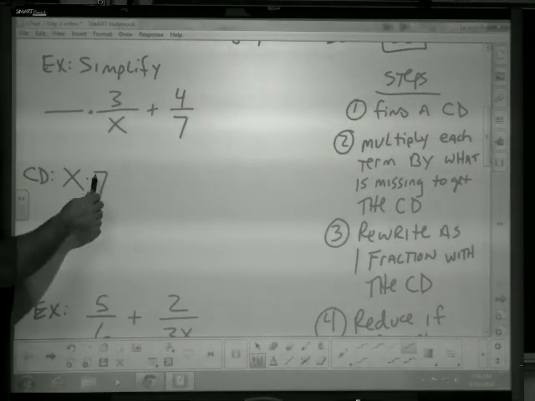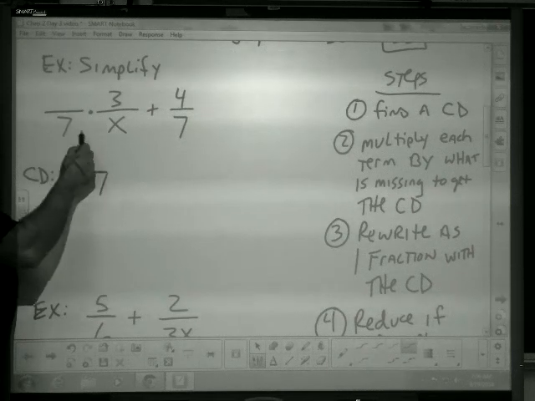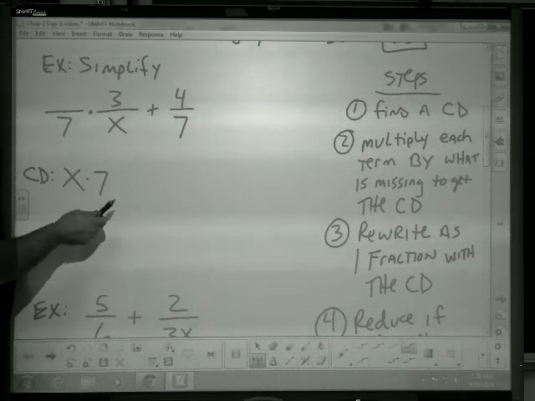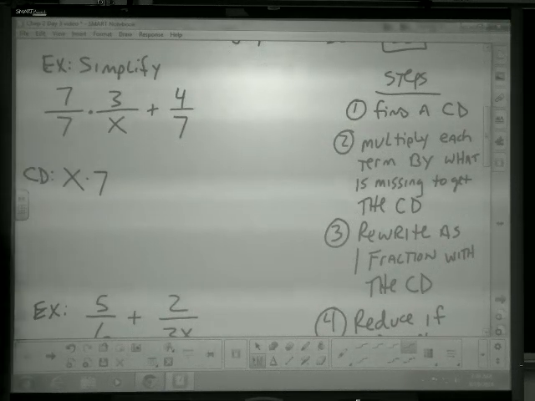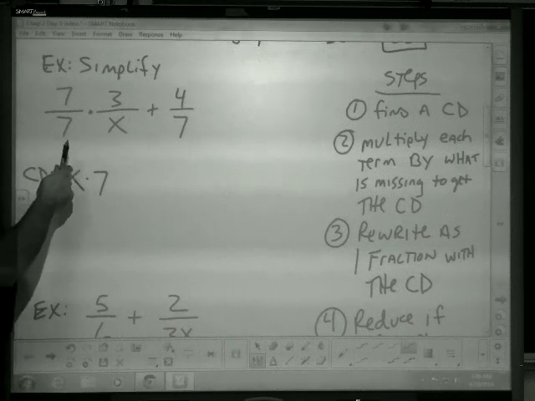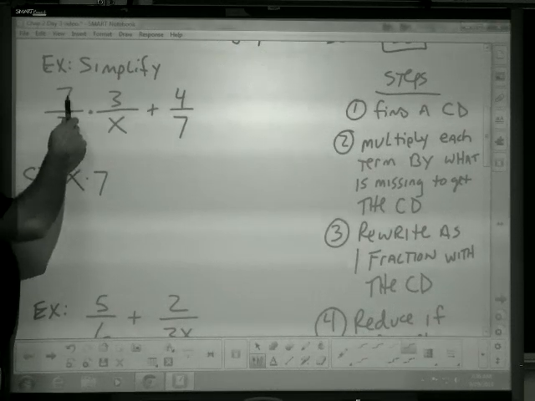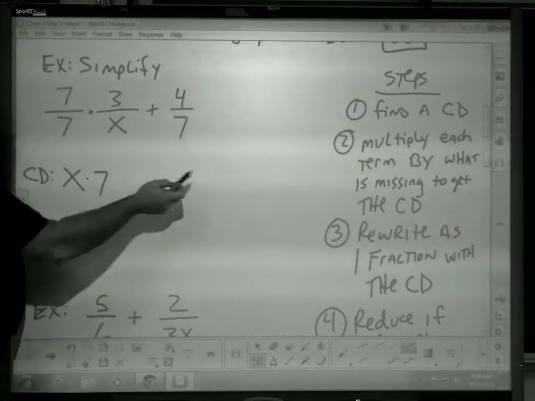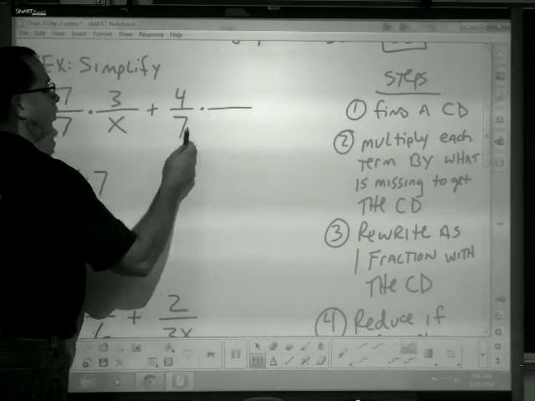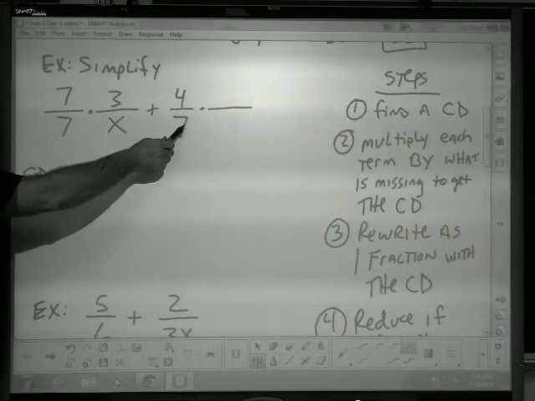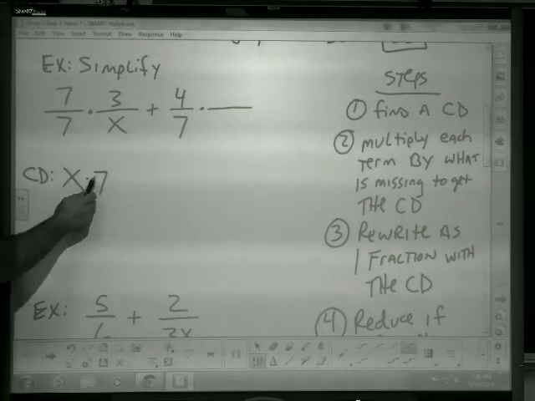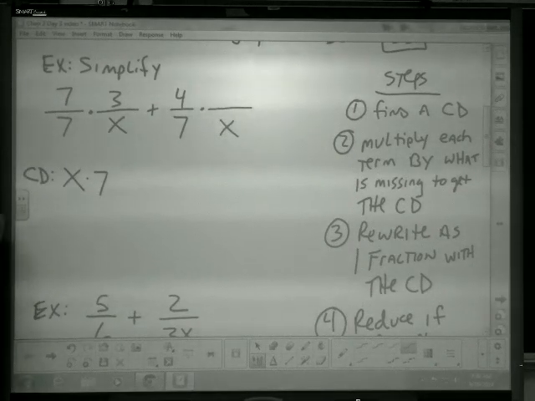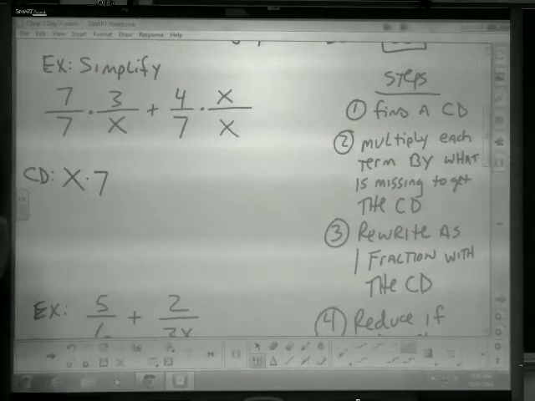What's missing in this one is the 7. So I'm going to multiply the bottom times 7, so that way 7 times x is 7x. But to be fair mathematically, I have to multiply the top as well. So I multiply each term by what's missing, and I have to multiply the top and the bottom, because really this is still multiplying by 1. Okay, what's missing here? Well, it has a 7, this has a 7, but it's missing the x. So I multiply by x. All right, so to be fair, top and bottom.